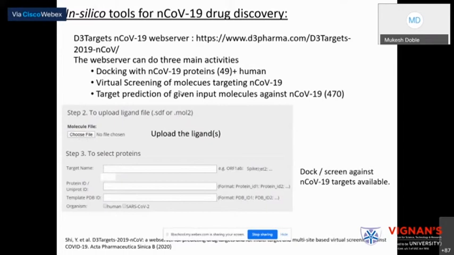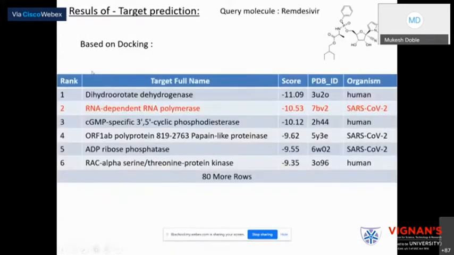So I'll show you an example. This is the web server given here. What we did was we gave a query molecule, remdesivir. This is currently the antiviral drug being looked at in many countries as a possible treatment strategy. When we asked it to dock against COVID-19 targets as well as human targets, it arranges them based on the binding energy or binding score.